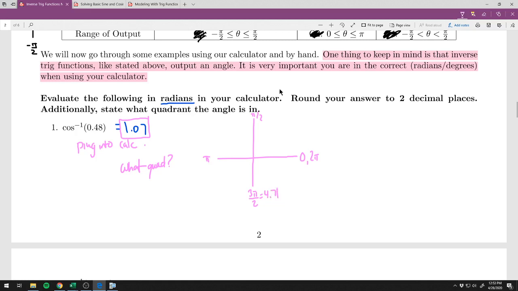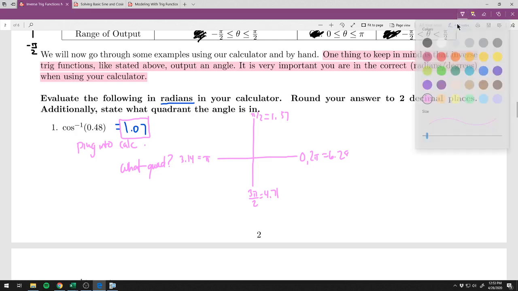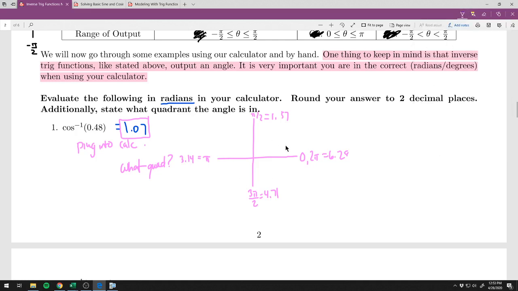I have written them enough. I have them memorized. 2 pi is about 6.28. Pi over 2 is about 1.57. Pi is probably the one we all know, 3.14, and 3 pi over 2 is about 4.71. But definitely it's between 0 and 1.57, so it's in quadrant 1.